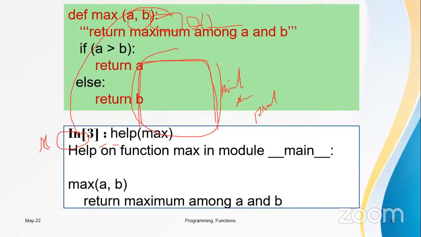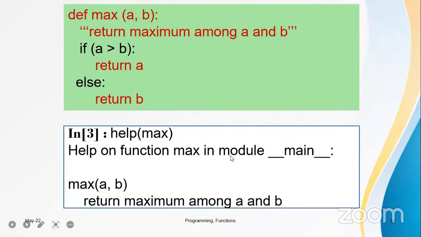So when I write like this, help on function max in module __main__, max(a, b), it will return the maximum among a and b. This is another way of writing a module actually, and calling the main function.